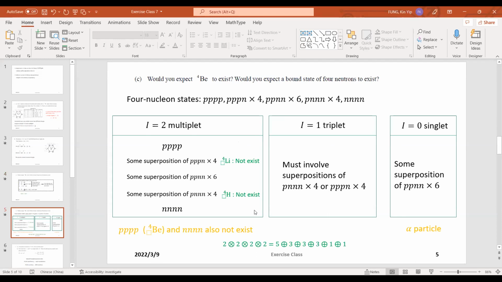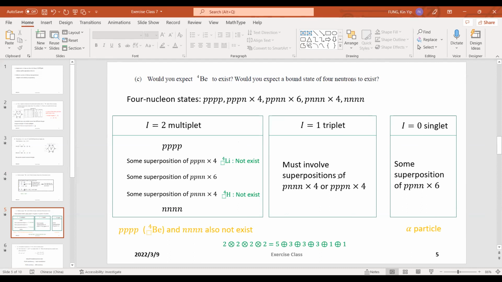Also, staying around these slides, what does it mean when you're physically jumping from a triplet state to a singlet state? Physically, what is going on? If you look at a particle and you tell me it is a singlet state, what do you have to do for it to jump to a triplet state?